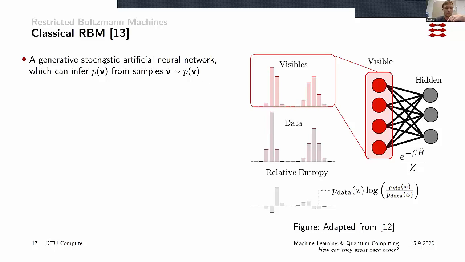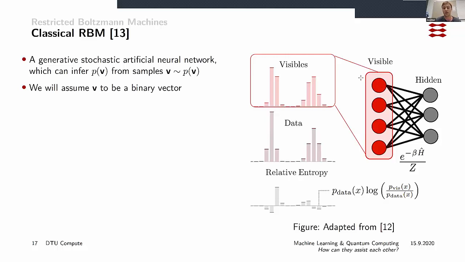So just to be a little bit more formalized, we have some samples V here that follow some probability distribution. That's sort of exemplified here. And then we will assume, first of all, that V is a binary vector. So let's say over here that we have 4 different entries for our visible units. This means that we can get many combinations.